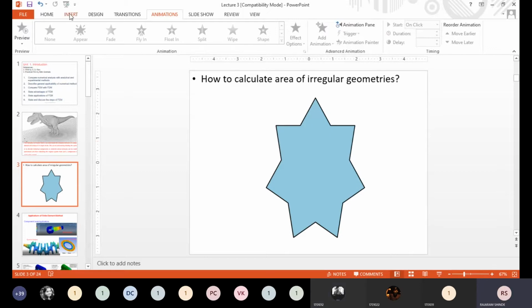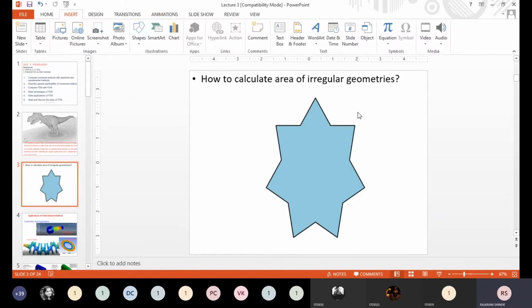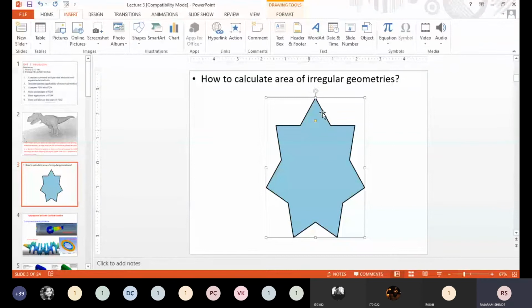You put this geometry on graph papers, and we are scribing the lines or external edges of this image on the graph, and then we are counting the full rectangles or full squares from half squares. Okay. Now how we can do this, I will show you here.